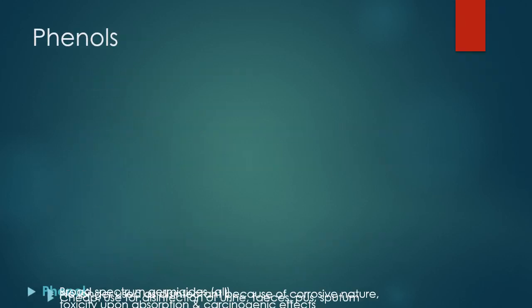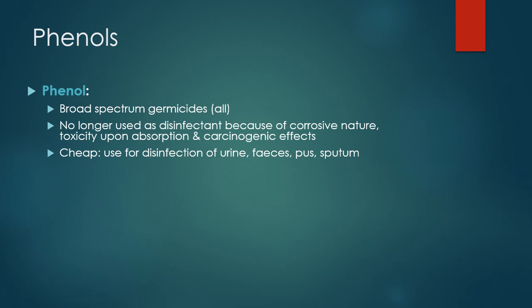In phenols, phenol is like formaldehyde, broad-spectrum germicidal agent which covers all gram-positive and gram-negative organisms, fungi, viruses, tubercular bacilli, etc. Its use nowadays is declined because of its corrosive nature at higher concentration. At lower concentration, it is only bacteriostatic.